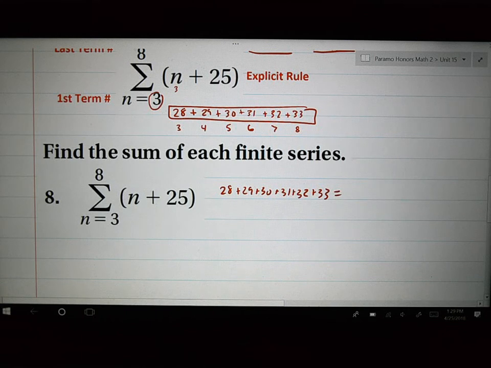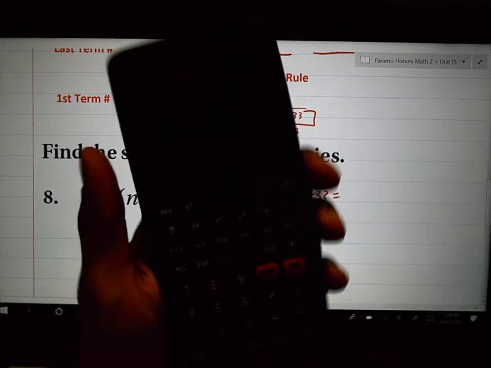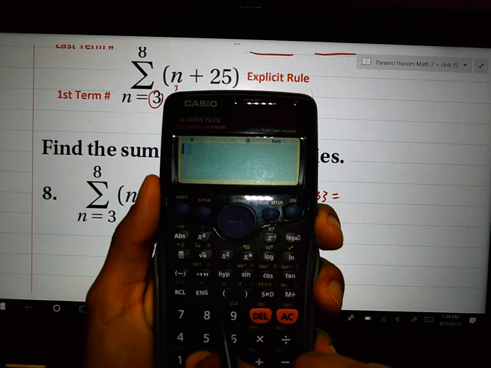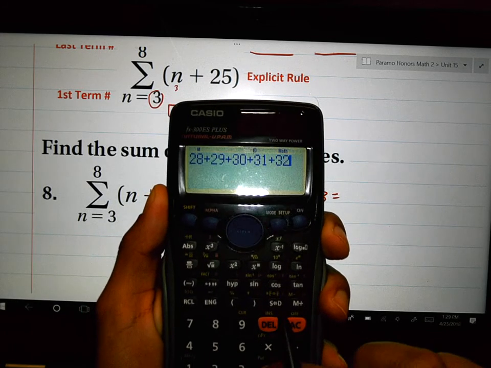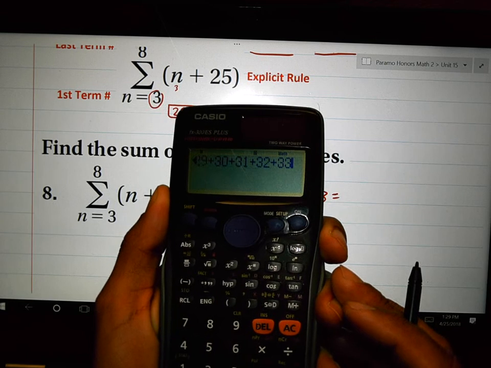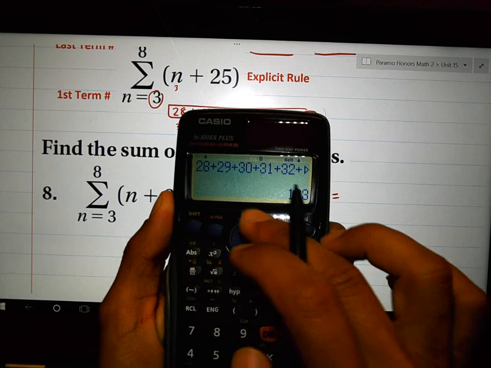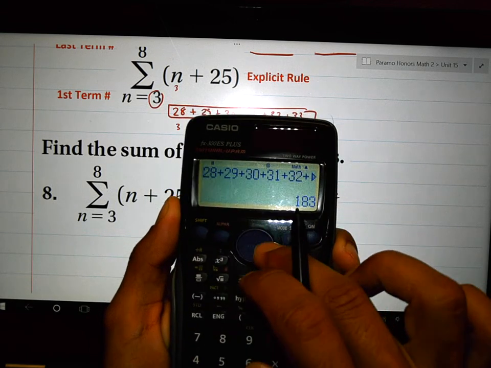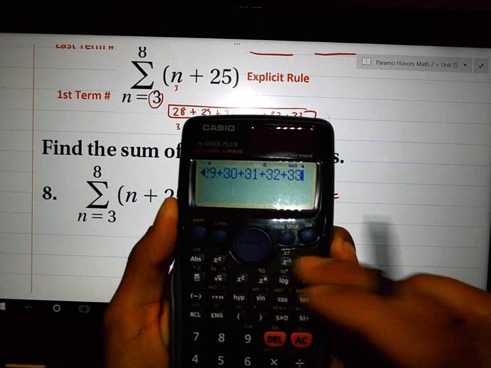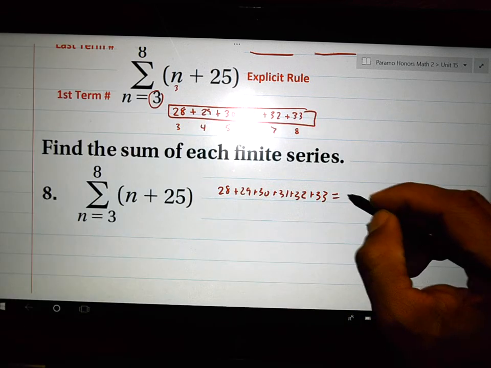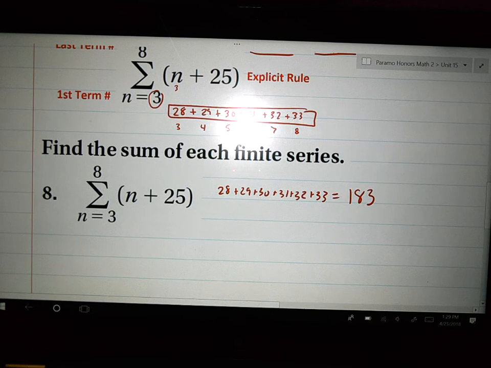If you did, I'm sure some of you would do 28 plus 29 plus 30 plus 31 plus 32 plus 33. Did I type it in correctly? I did. Maybe that's easy.